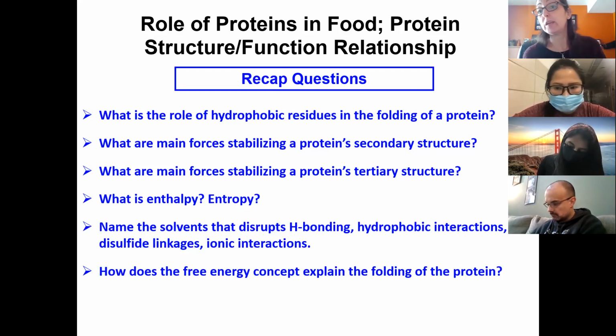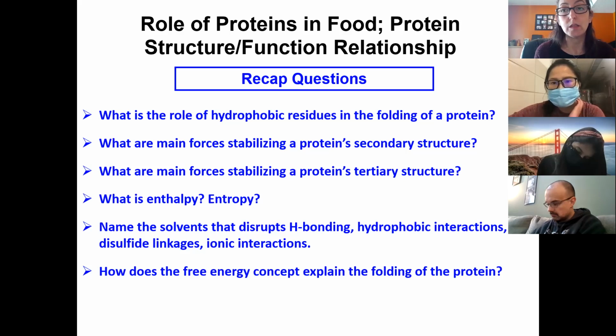But we still have a lot of free energy, and we need to contain that free energy. So the protein starts to also form a tertiary structure. So other than secondary, it starts to contain more of the energy by certain forces.